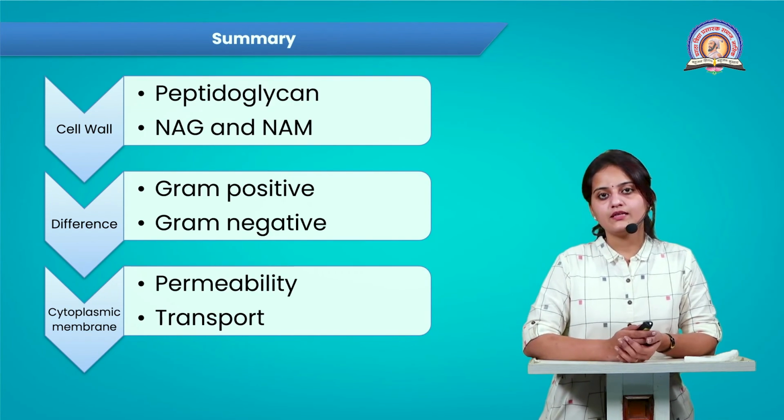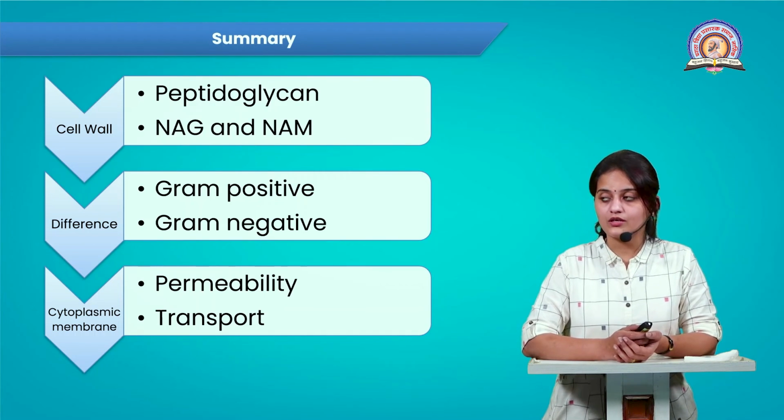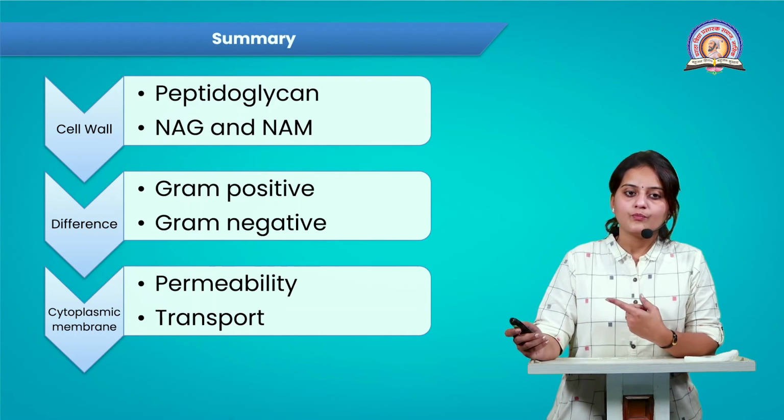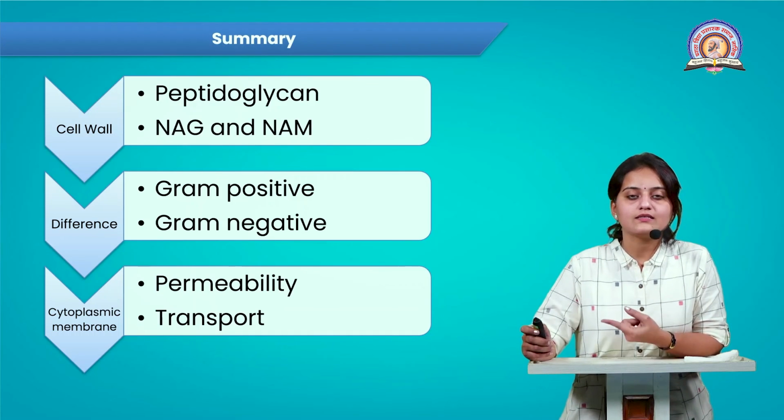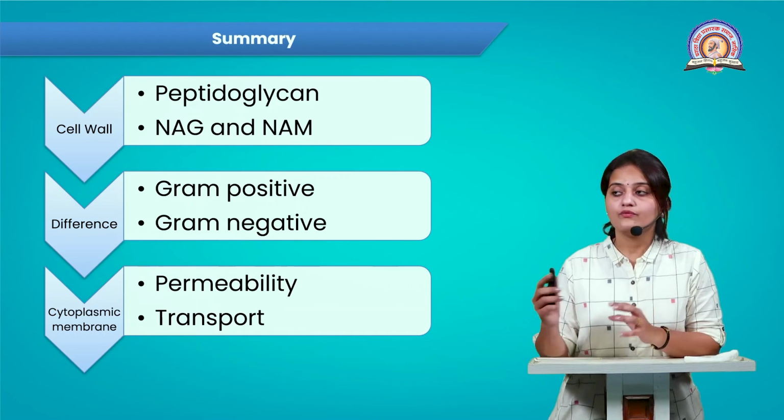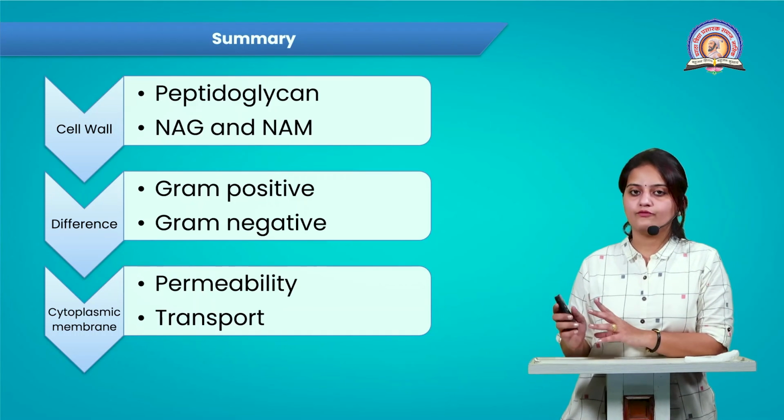So yes, let's do the revision of today's lecture. Today we have seen the peptidoglycan as well as the N-acetylglucosamine and N-acetylmuramic acid assembly, which combined make a cell wall.